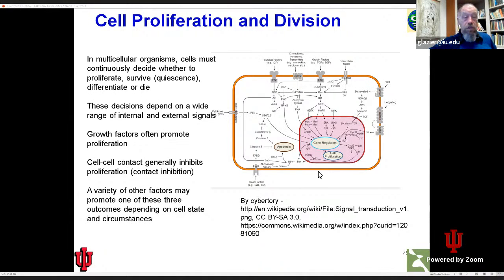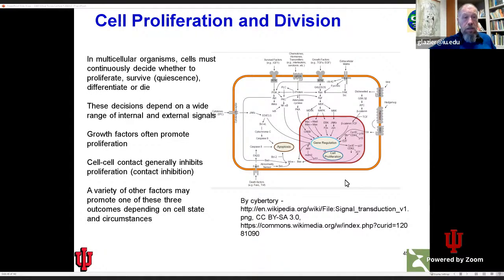But there are a couple of things that we will run into repeatedly in this class as we go forward. One of them is the idea of what could be called a critical limiting nutrient or critical limiting factor, which is that for a cell to grow, it has to be able to take in both energy and material to build more cell.